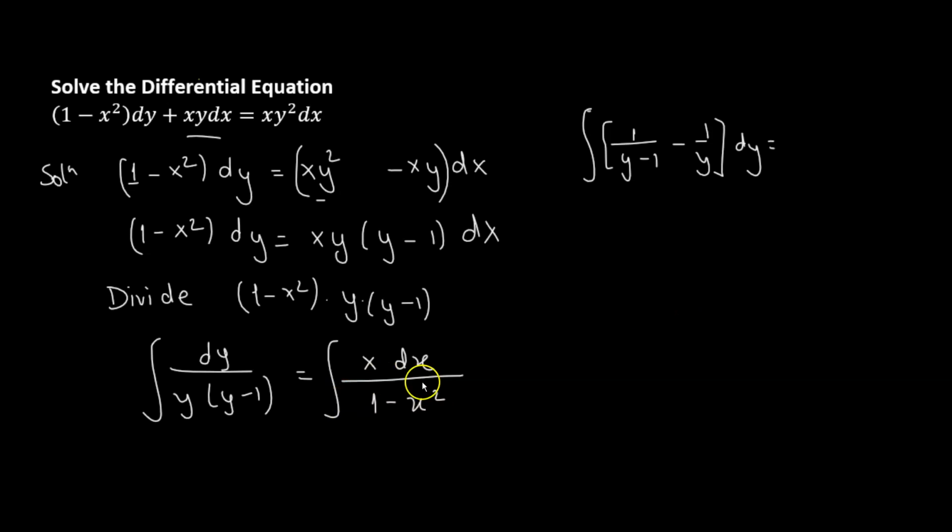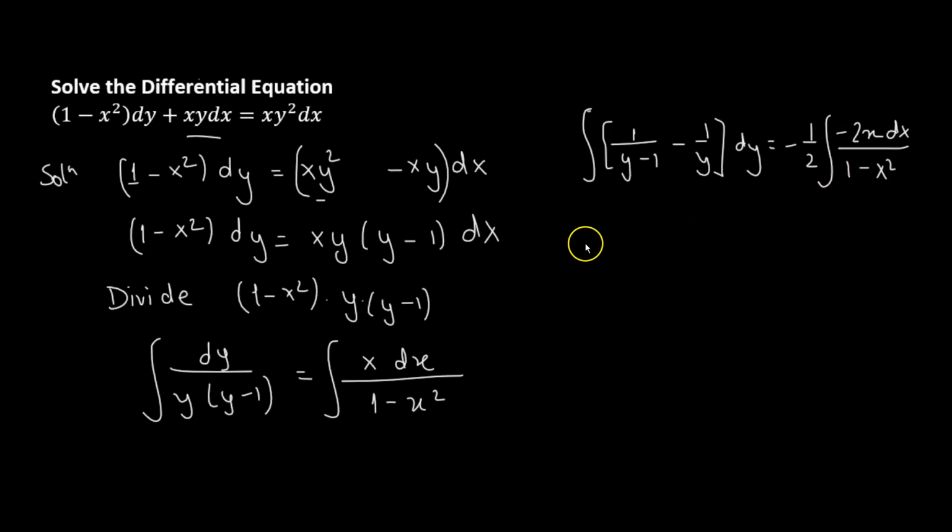For the integral on the right hand side, we are going to integrate using the method of substitution. So we multiply by negative half, and we also multiply by negative 2 in the numerator. So we have negative 2x dx divided by 1 minus x squared.